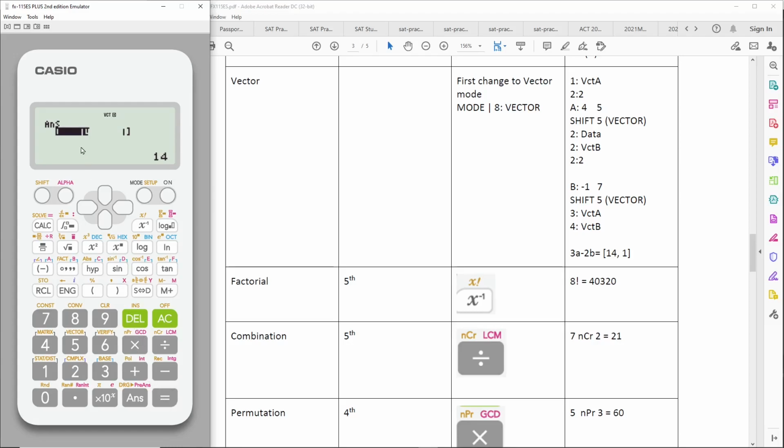So the resulting vector is 14 and 1. On the ACT, you might see vectors where you have to add them, subtract them, or multiply them by a scalar value.